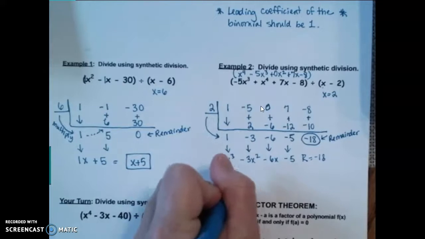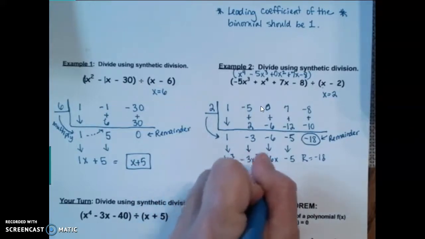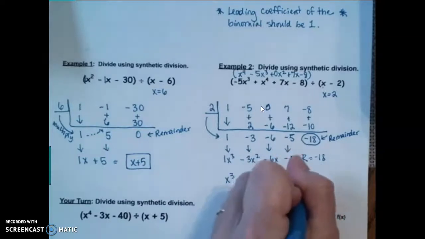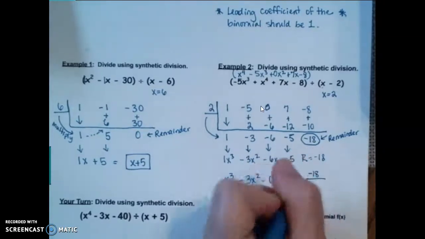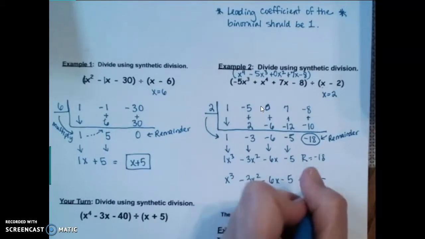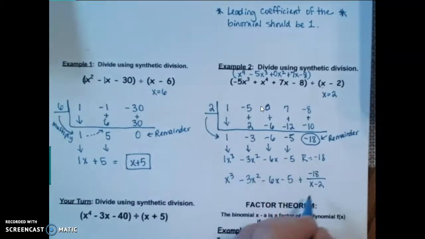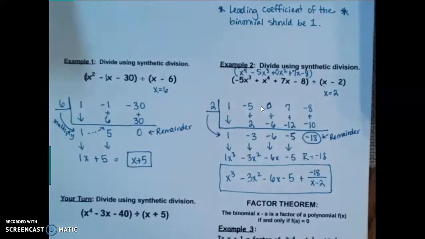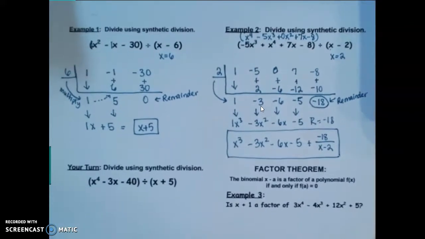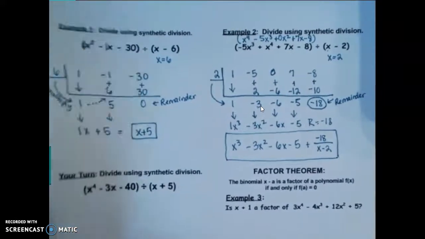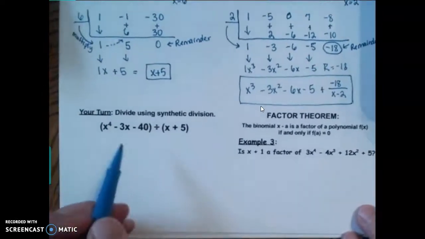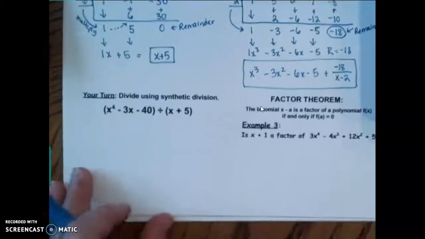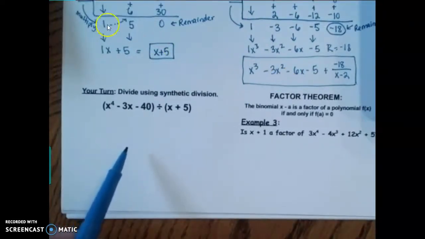So x to the 3rd minus 3x squared minus 6x minus 5 plus my remainder over my divisor, and your divisor is the x minus 2. So there's your answer for example 2. So go ahead and pause the video and try the your turn problem, and then we'll come back and I'll work that one for you.